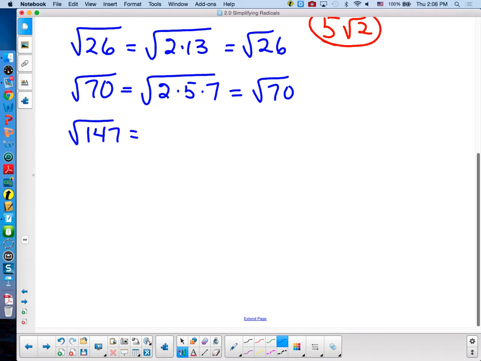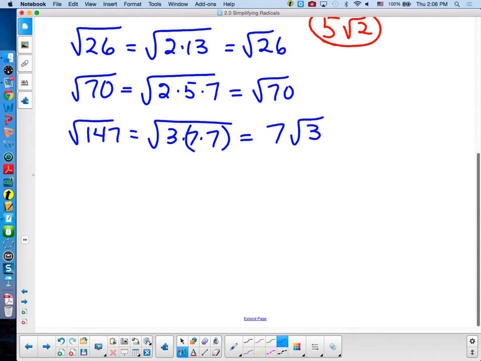That one's got partners. Does the 7 stay in or go out? Does it go out as a 7 or a 49? 7. So this ends up being 7 times the square root of 3.